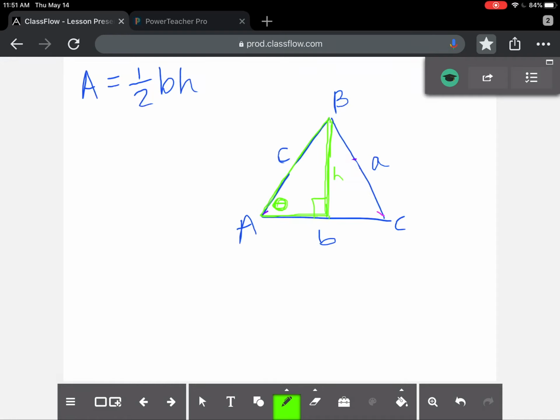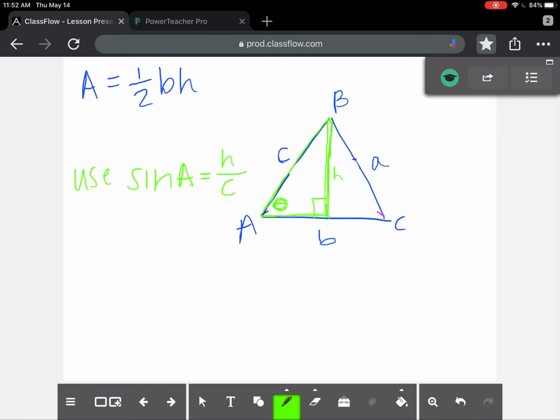Since our new right triangle is right here, I can find my height. If my theta is right here in my big triangle, the height is the opposite side length, and c would be my hypotenuse.